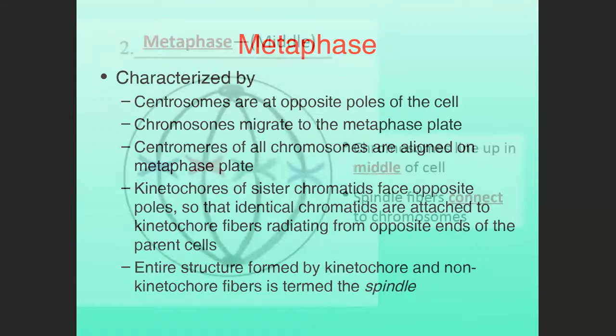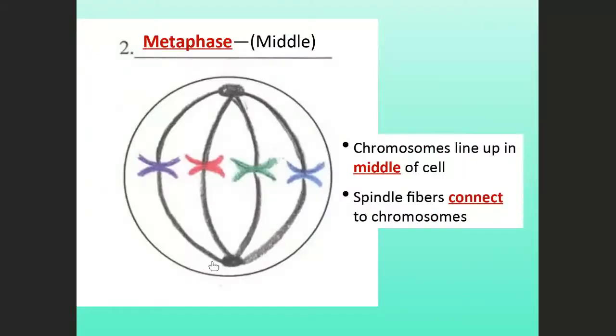Let's see the picture, in which you see the metaphase plate where these chromosomes are attached to each other. This part is facing the kinetochore, and this is also the kinetochore, where the centromere is also present.